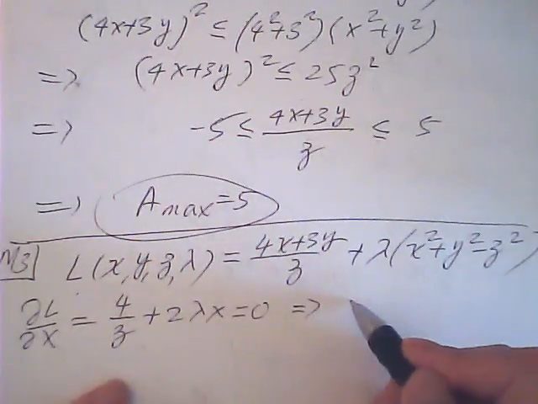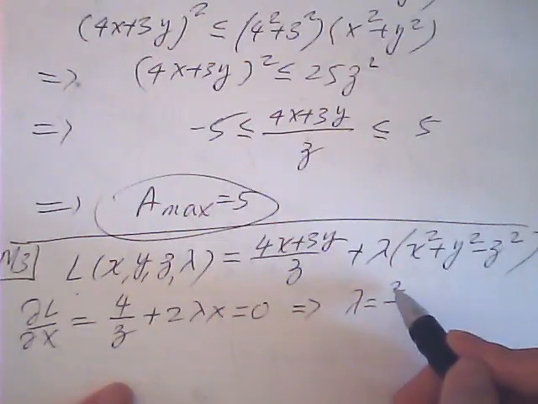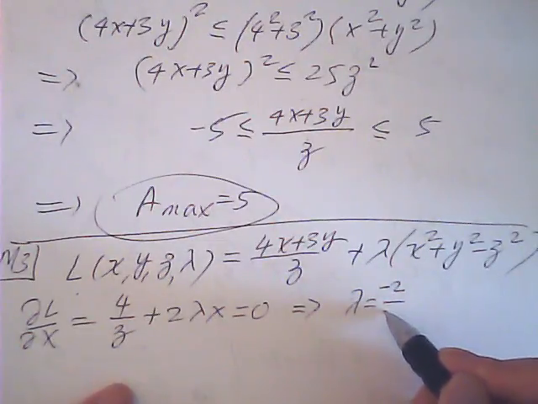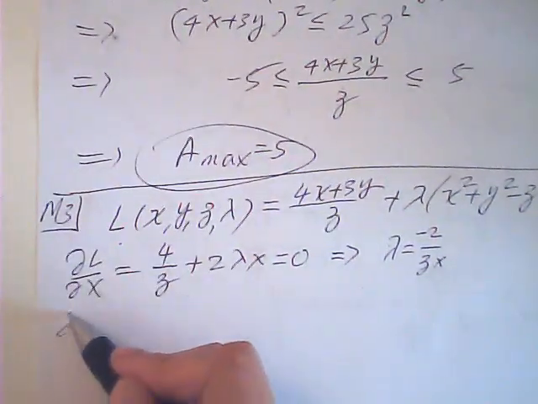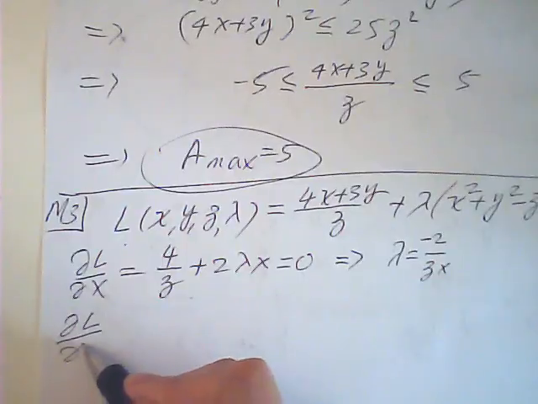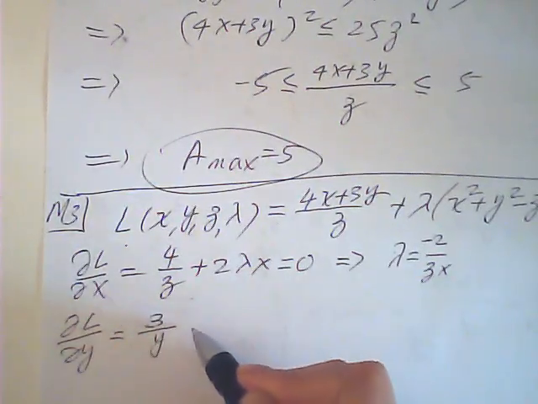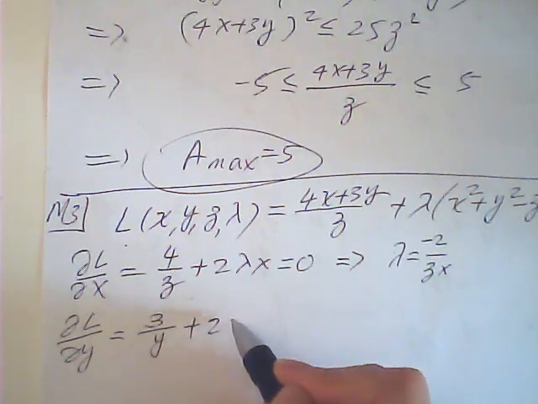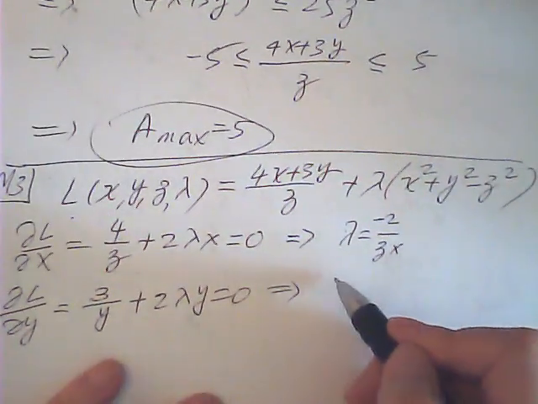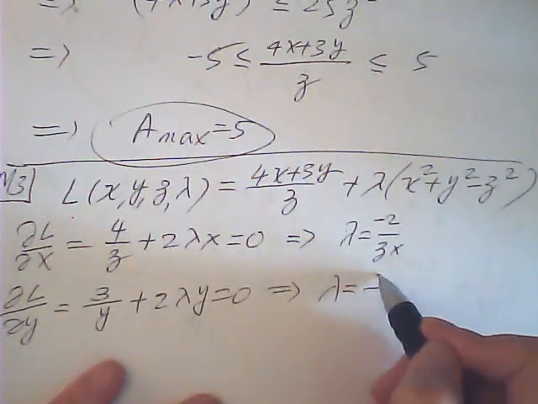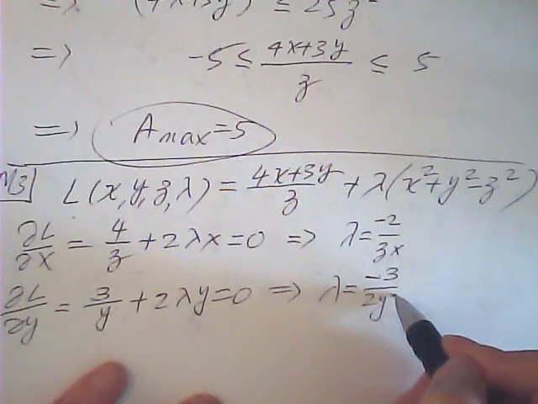So we have lambda equal to minus 2 over zx. And the partial derivative of L with respect to y equals 3 over z plus 2 lambda y equal to 0, which gives us lambda equal to minus 3 over 2yz.